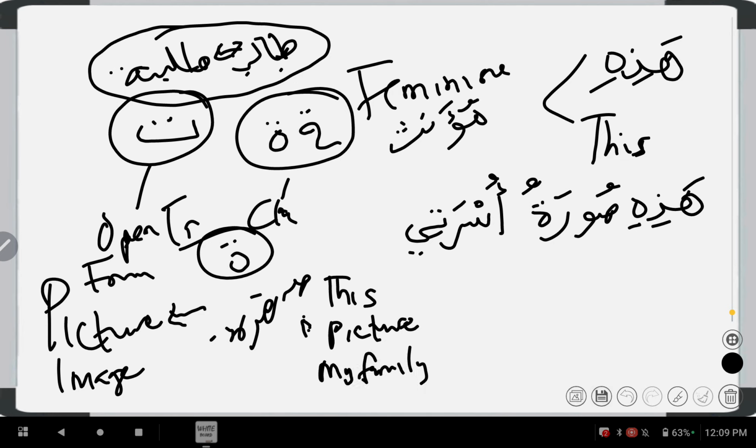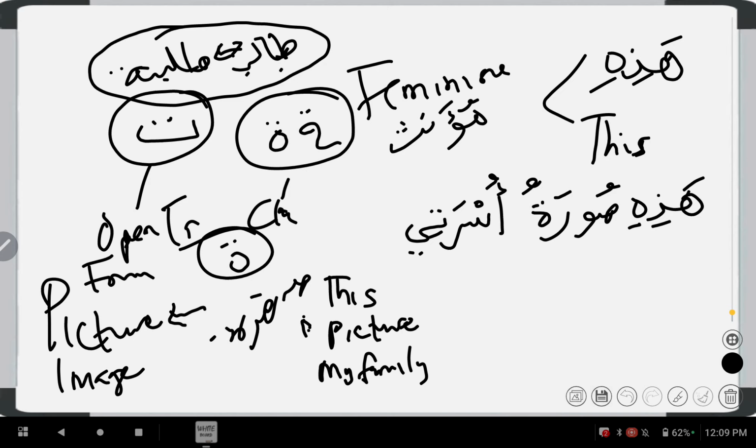So now I have broken down the words in this sentence. Can you construct the whole sentence now? Hadihi suratu usrati. This picture, my family. Can you bring it together? Hadihi suratu usrati.